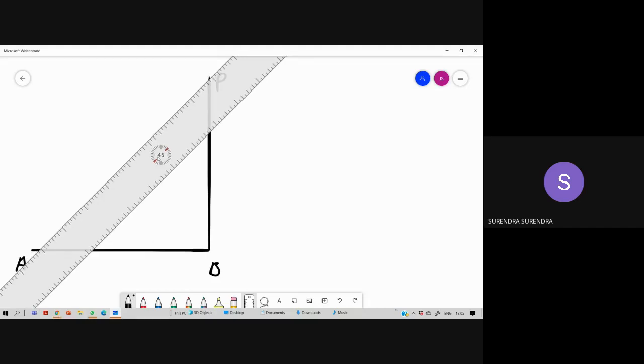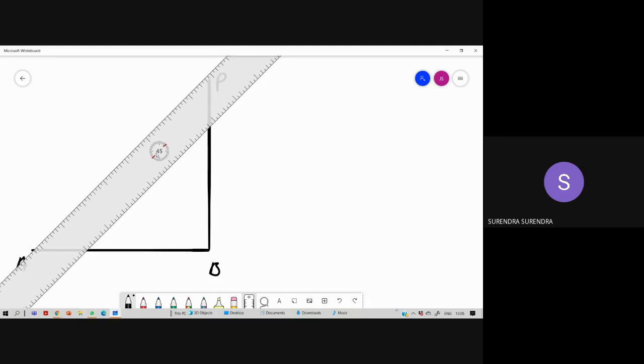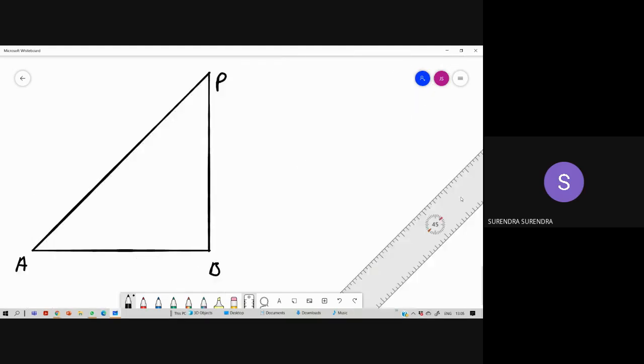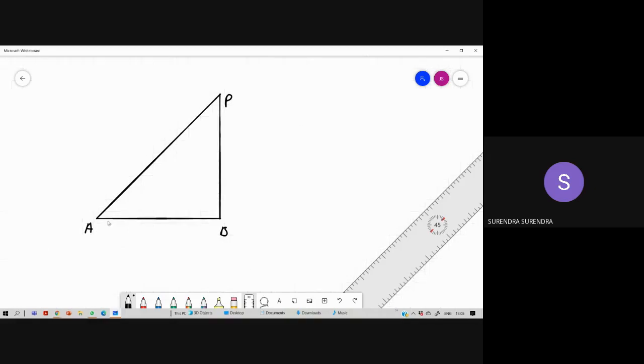Actually, this is a rough sketch. So first, construct a horizontal line AB equal to the required side of the polygon. Now at B, draw a perpendicular line to AB, length equal to AB. So AB equals AP.